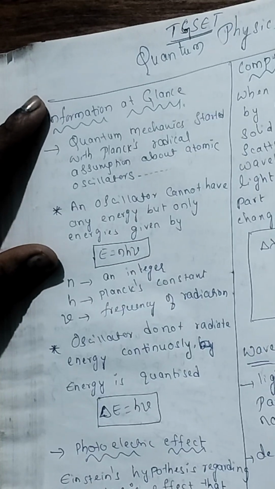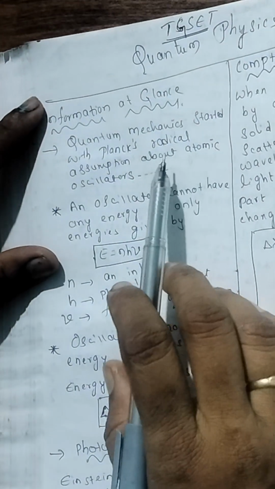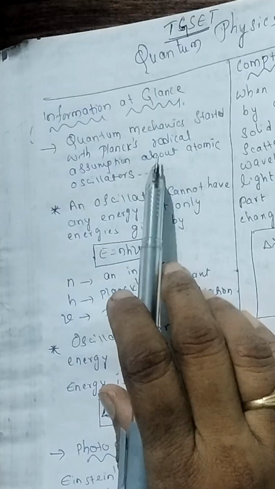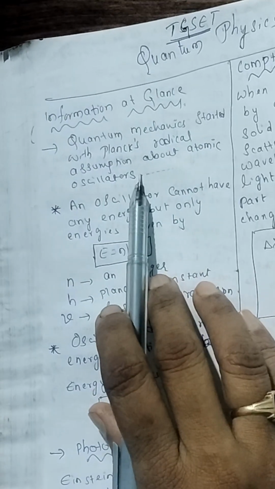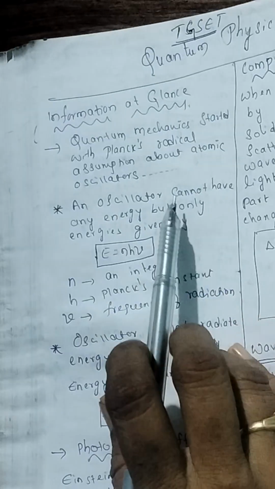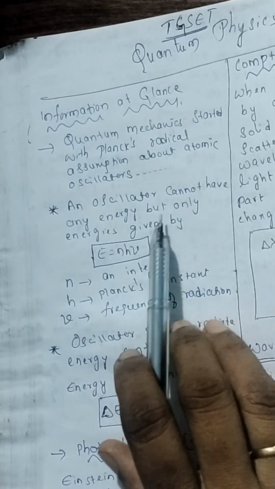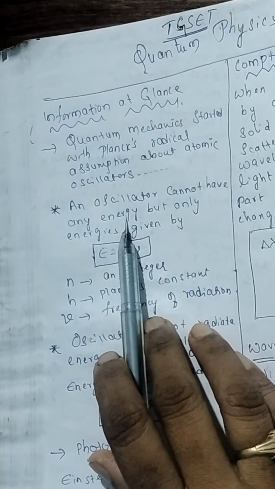So now quantum mechanics started with Planck's radical assumption about atomic oscillators. An oscillator cannot have any energy.